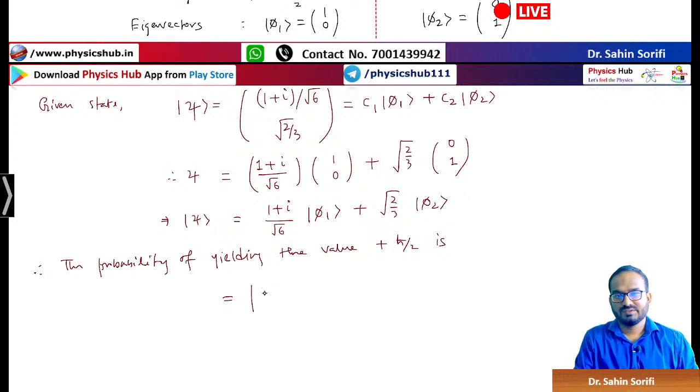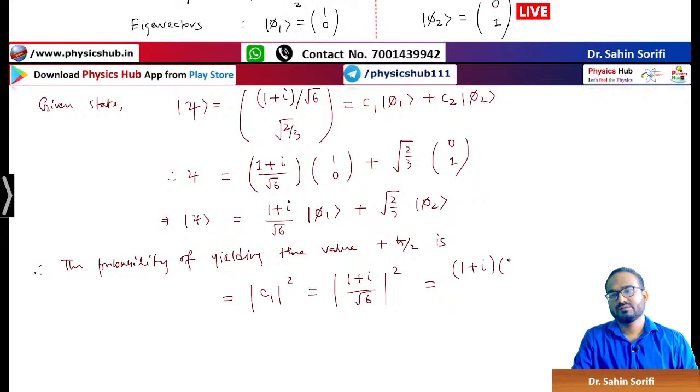So it is C1 mod square, 1 plus I by root 6 mod square. So psi star psi actually, 1 plus I times 1 minus I divided by 6. So this is 2 by 6, that is 1 by 3.